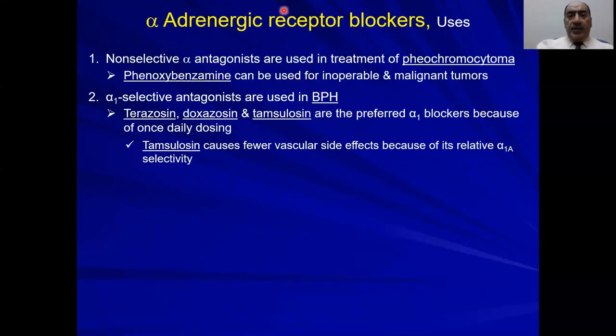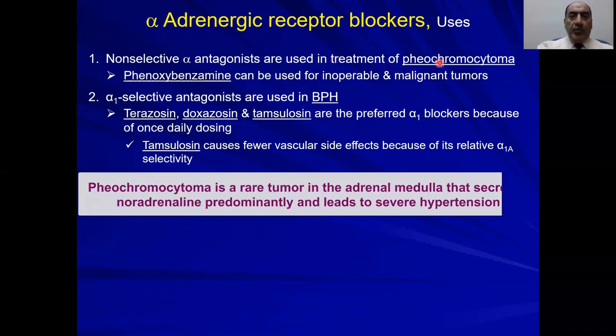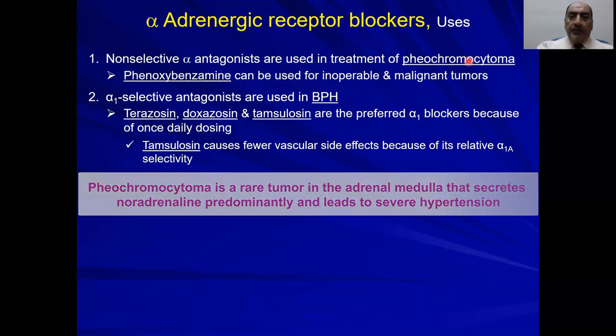These drugs are used specifically in the treatment of hypertension in patients with pheochromocytoma. Just as a reminder, pheochromocytoma is a tumor in the adrenal medulla that secretes a high amount of norepinephrine and epinephrine with subsequent severe hypertension.